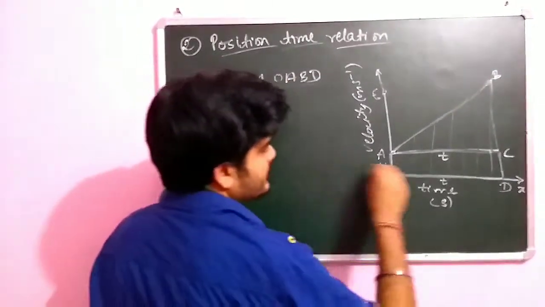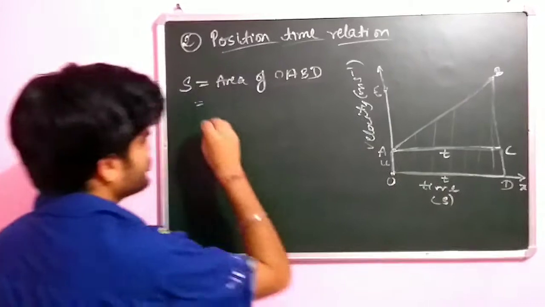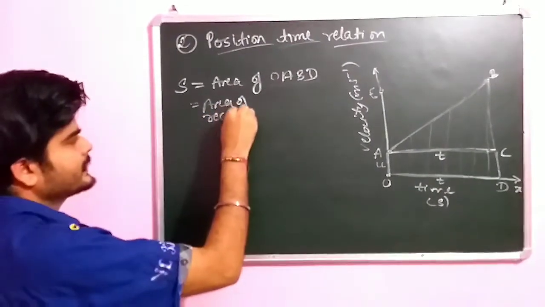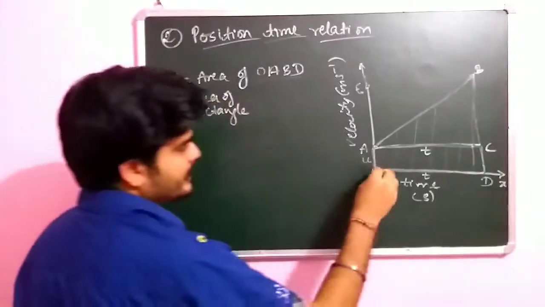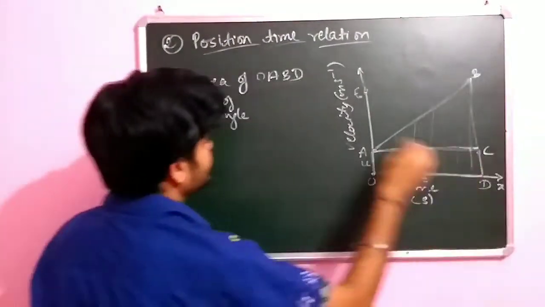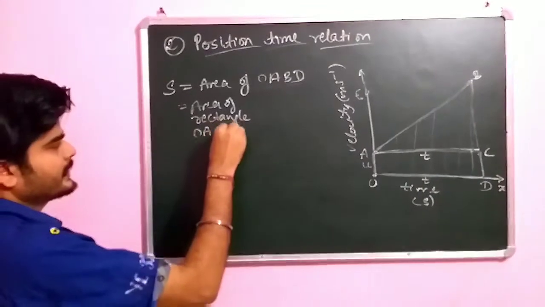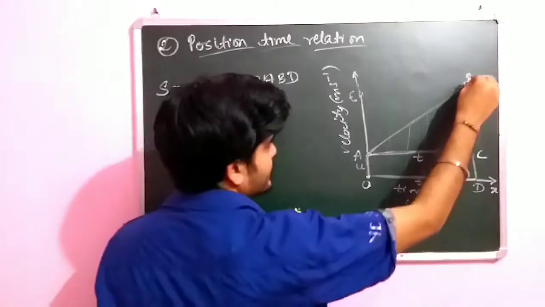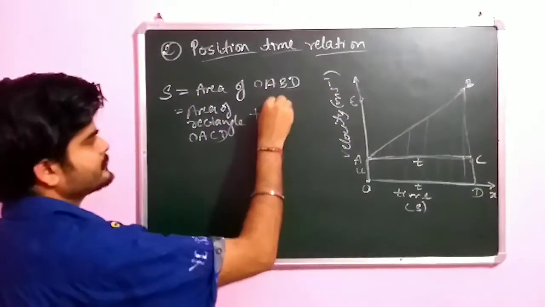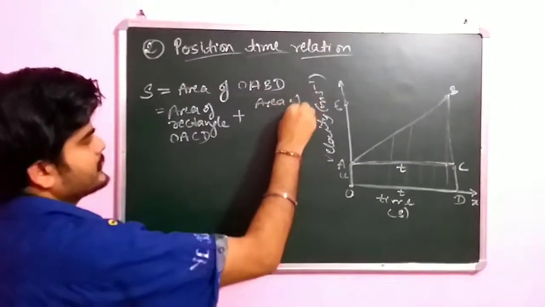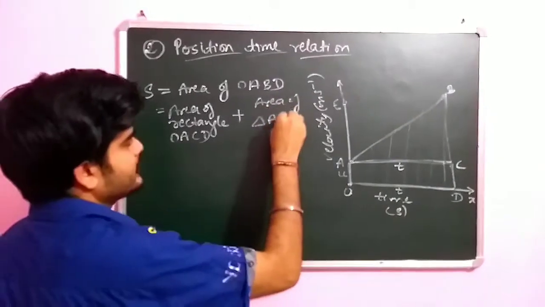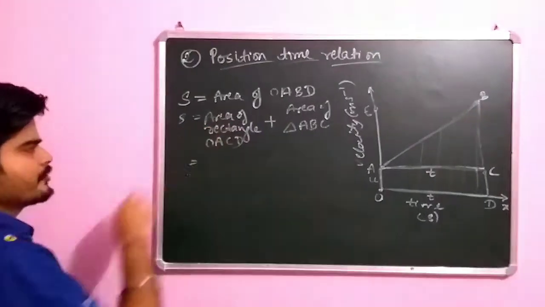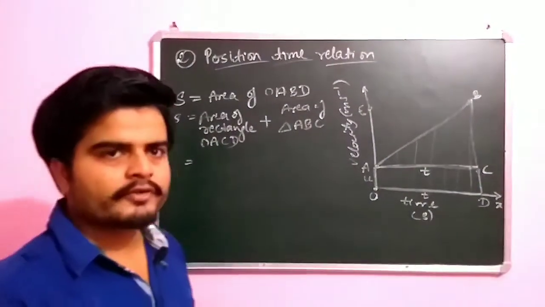This area will be the sum of the area of rectangle OACD plus area of triangle ABC. So what is the formula of area of rectangle?